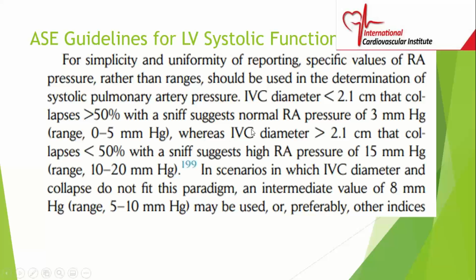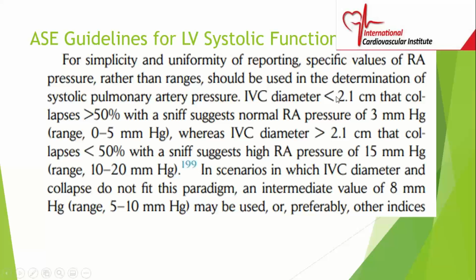Then the other extreme, if the IVC is greater than 2.1 centimeters and it collapses less than 50% with the sniff or inspiration, then you have a high right atrial pressure of about 15 millimeters mercury, and ranges from about 10 to 20. But you can just put the absolute number. Don't put the range. The person who is reading it knows that there's a range.